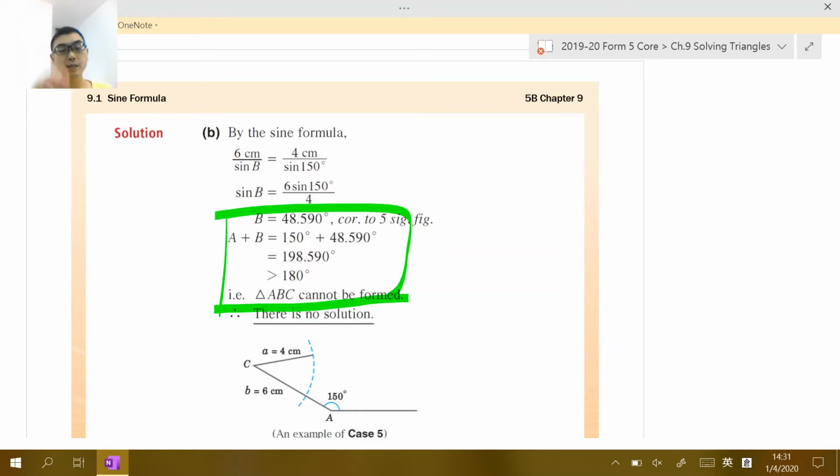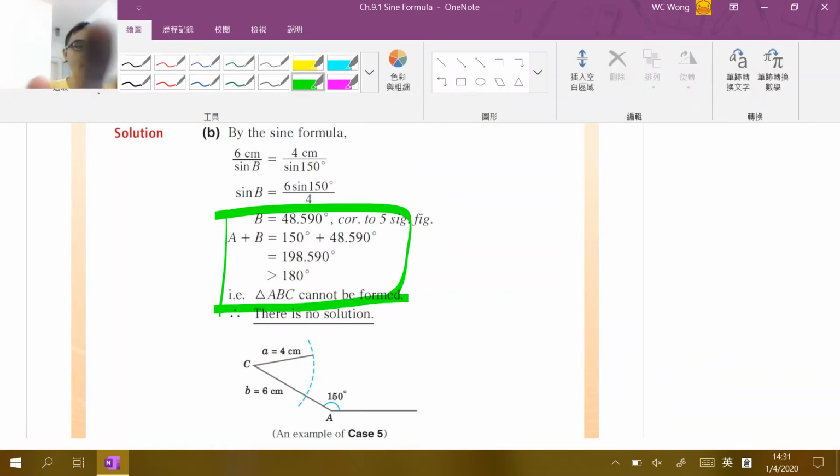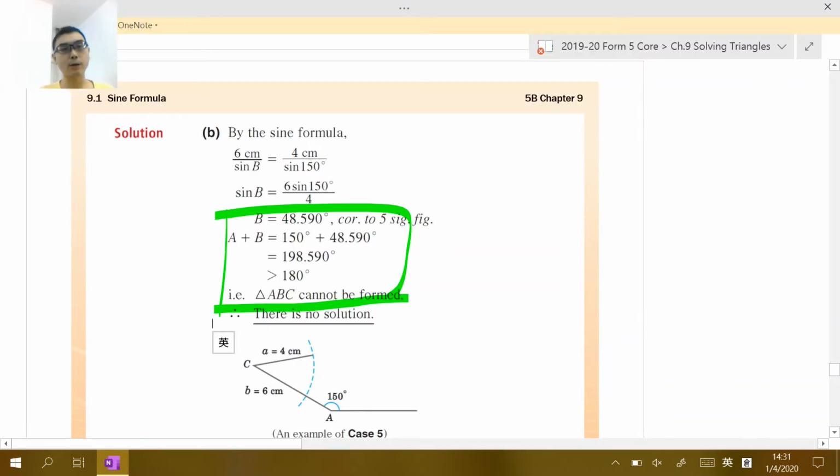Then you can also see there's a problem here. So the sine formula will have some of these things that you will find while you do the practice. But I will not make the clip too long today. Let me see if I need to give you another clip to talk about the sine formula later.